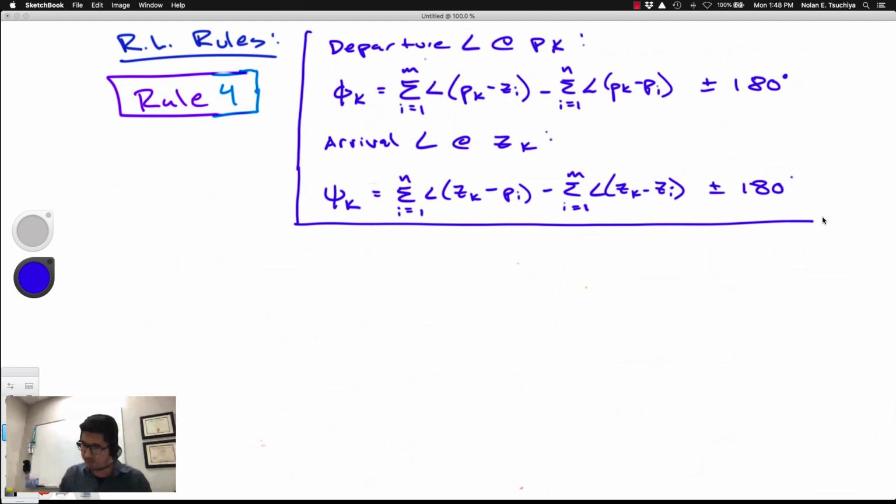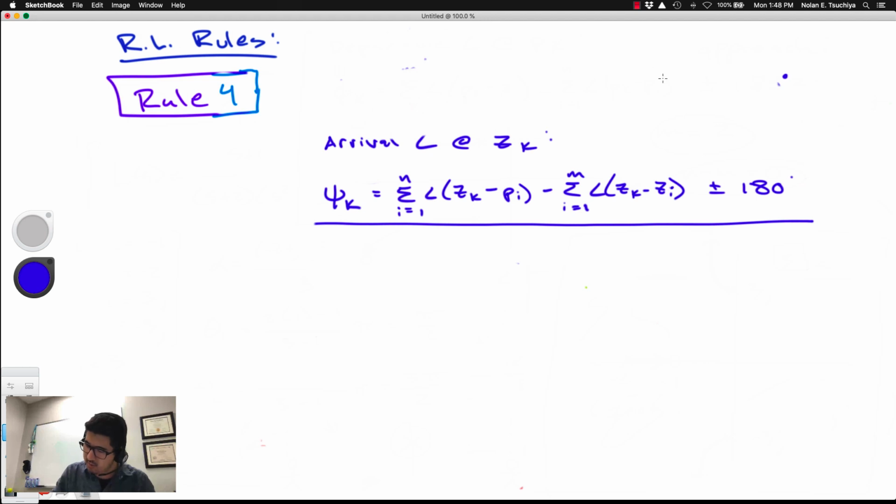Let's do this one. So let's do one example here that will illustrate how to use Rule 4.